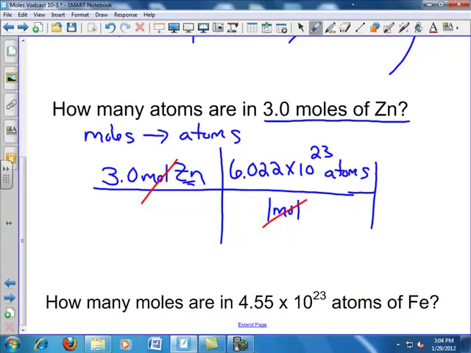So this comes out to be 1.8 times 10 to the 24th, and now that's atoms. And it's atoms of zinc is what I should put for my particular unit. So that is my conversion from moles to atoms.